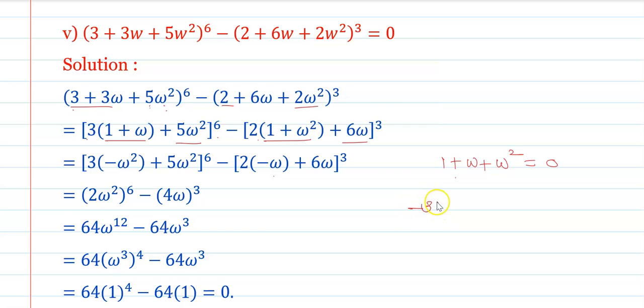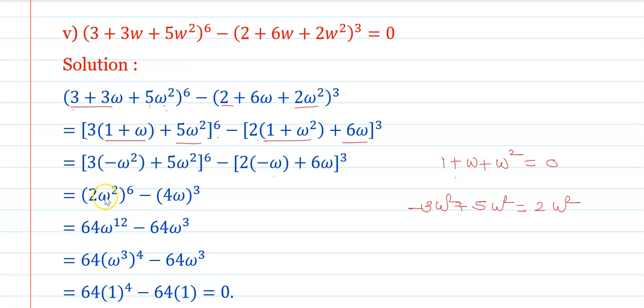Okay, minus 3ω², and next term is 5ω². Overall there will be 2 times ω², that is 2ω², bracket raised to the 6. Next, 2 into minus ω म्हणजे minus ω मिळणार, minus 2ω plus 6ω. Overall you will get 4ω, bracket raised to 3.